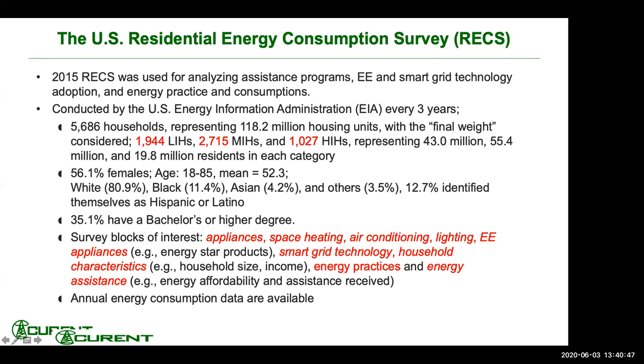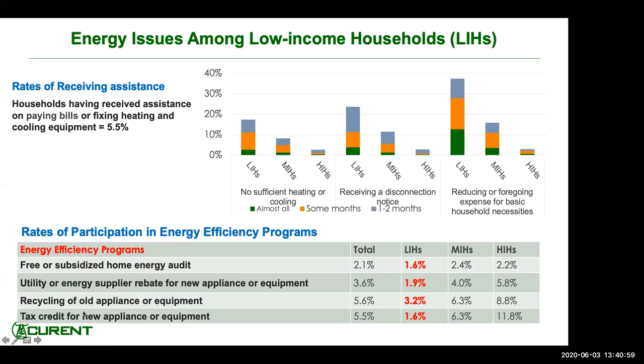Whether they know or have help from energy assistance programs from the government. And we also look at their energy consumption data. All right, so let's look at what we found. Low income households suffer a lot more in terms of electricity appliances.